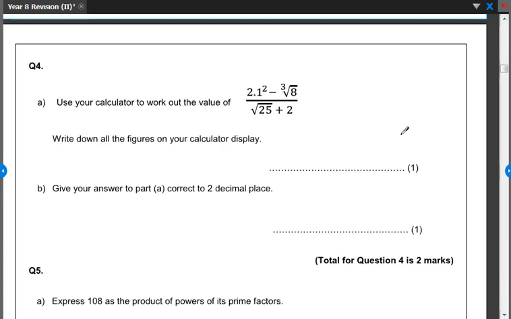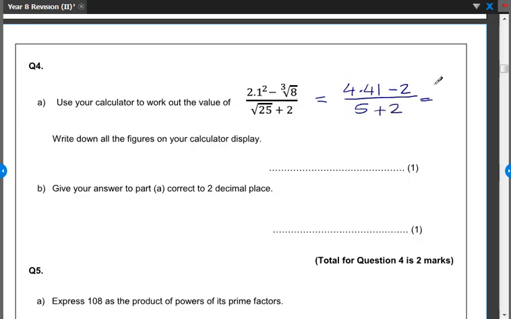Okay, so this one, you do this on your calculator. I mean, you could nearly do this without a calculator. 21 squared is 441. So 2.1 squared is 4.41. And then we go -2 all over 5 plus 2.